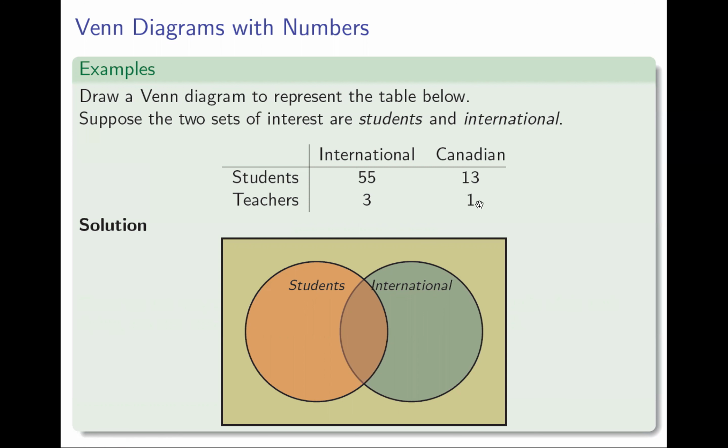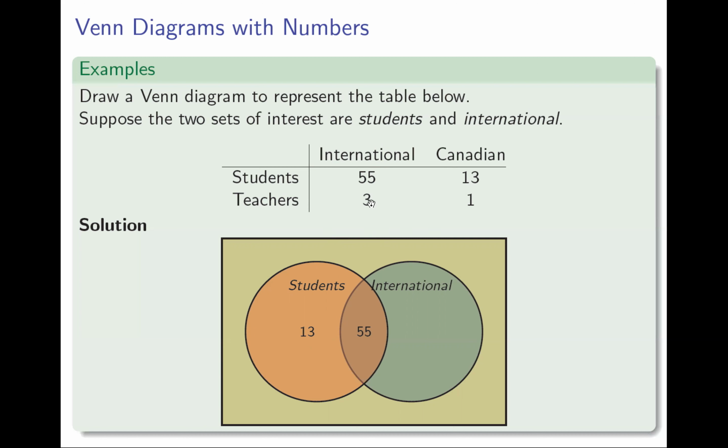Let's put the different numbers down. Students who are international, we have 55, and we put it down here, both inside the student circle and inside the international circle. For the 13 Canadian students, we put them inside the student circle, but outside of the international circle.